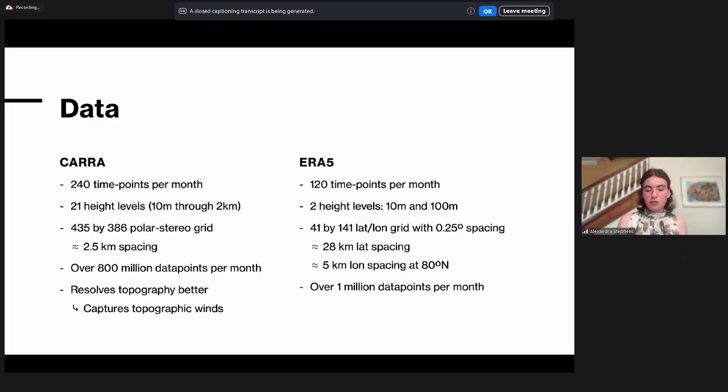We will see both of these grids on the next slide. So this comes out to a total of over 800 million data points per month for CARA, but just over 1 million for ERA5. The consequences of the difference in resolution are that CARA resolves topography better, which means it captures the faster topographically forced winds that ERA5 does not.